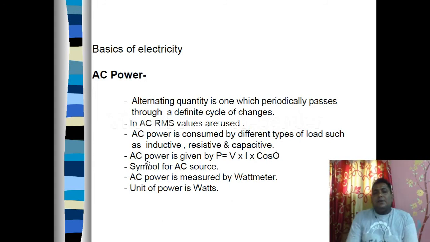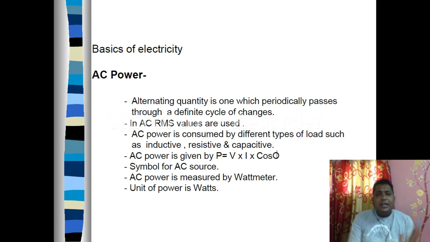Okay, now AC power. Let us see what properties we have in the case of AC power. An alternating quantity is one which periodically passes through a definite cycle of changes. In AC, RMS values are used. Suppose there is a closed loop and some current is flowing, and you are using a meter to measure that current.